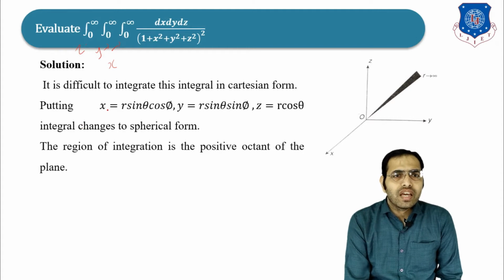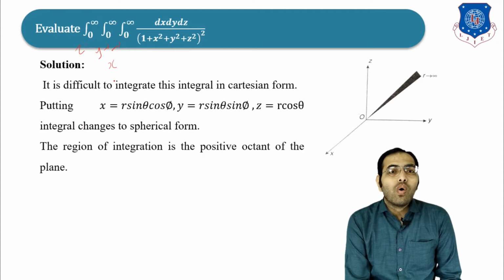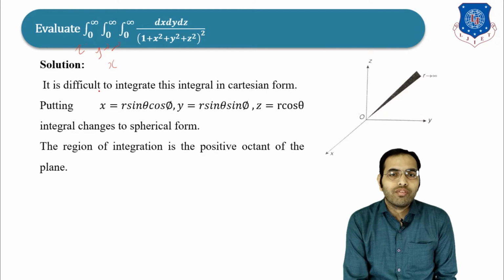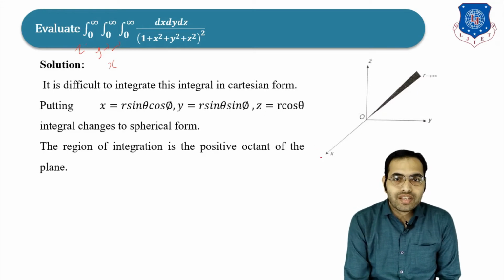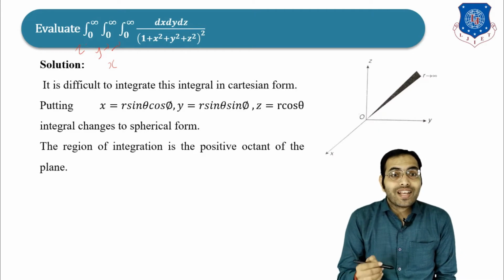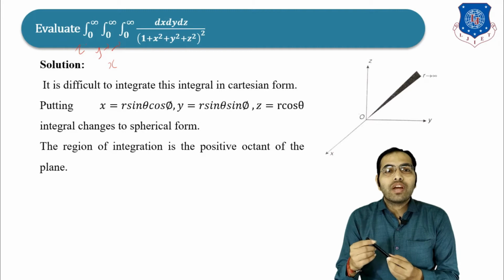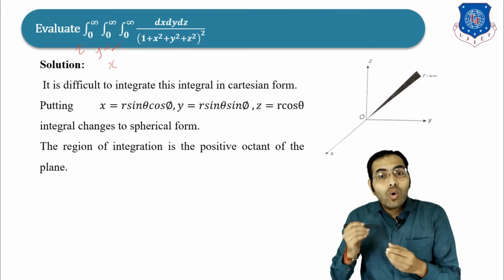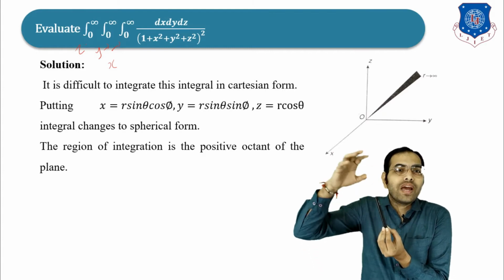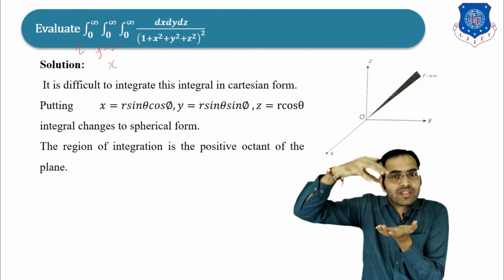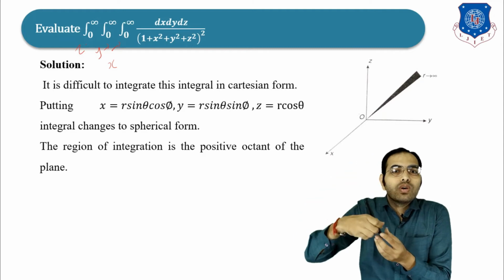Now firstly, x, y and z all vary from 0 to infinity. This one is the x axis, this one is the y axis and this one is the z axis. Since x, y and z all vary from 0 to infinity, all are considered positive values, that means the positive x axis, positive y axis and positive z axis.